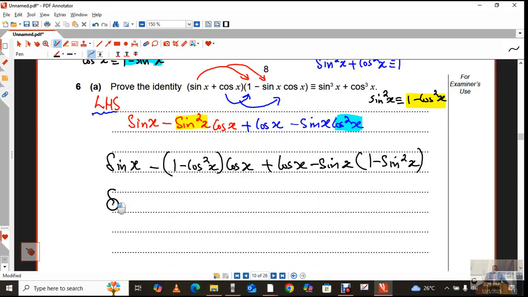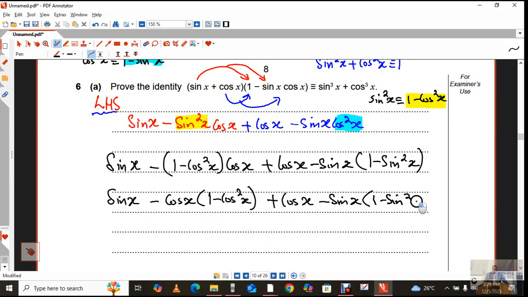Now I'm going to multiply out the brackets. This one might be a little confusing, so I'm going to bring that cos x at the back of the bracket to the front, before 1 minus cos square x, just rewriting it to make it easier to see what I am doing as I distribute into the bracket.